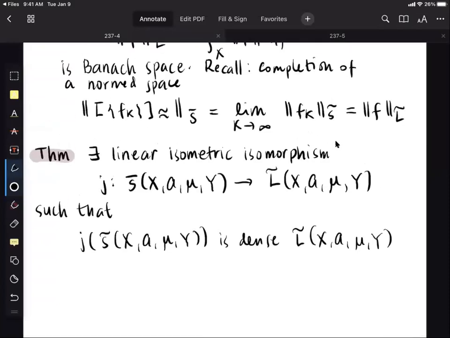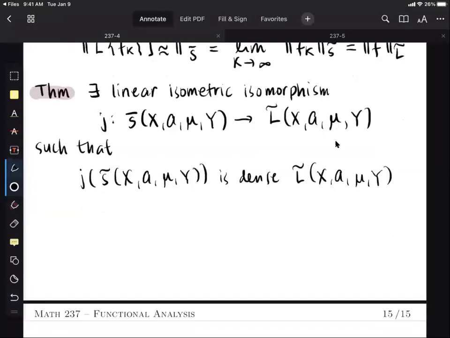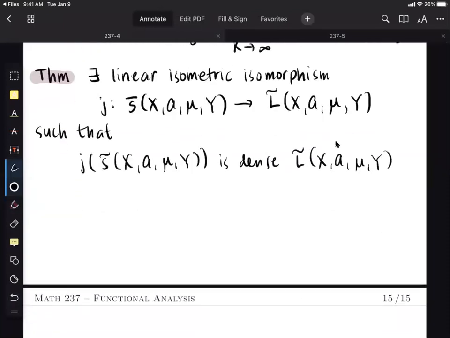Being an isometry is in fact obtained from this equation. Hence, based on this theorem, we may identify elements of the equivalence classes of simple functions with the set of equivalence classes of Lebesgue-Bochner integrable functions.